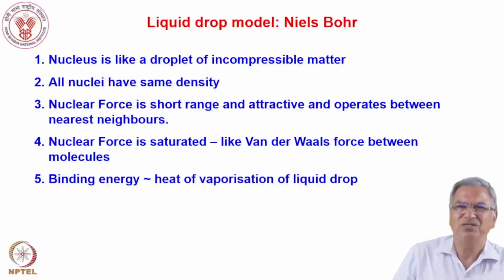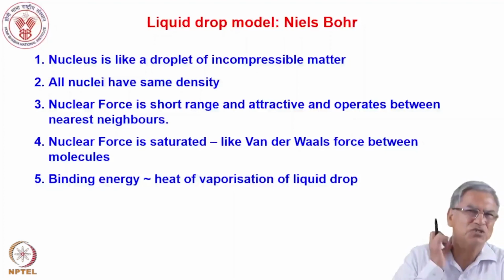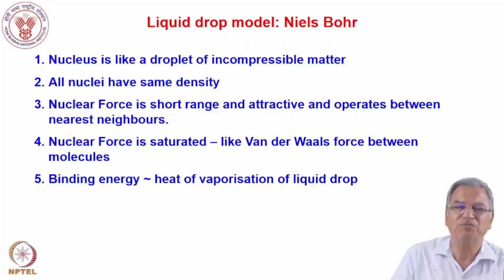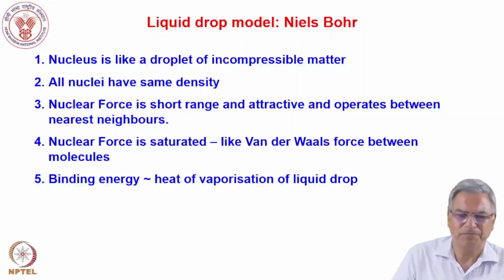He thought of a concept: if you have a drop of liquid and you try to deform it, how it can split into two droplets. That is how the concept of the liquid drop arose.